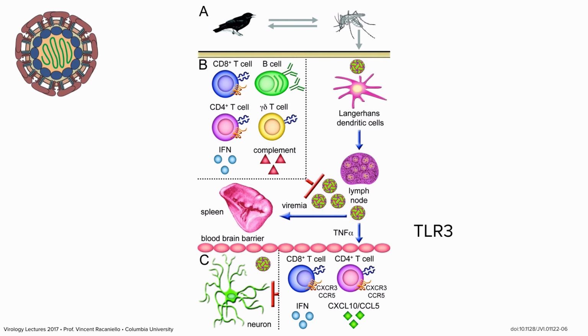So the way the pathogenesis of infection works, here on the top is our bird that has West Nile virus in it. A mosquito picks it up, bites a human, delivers the virus into the skin. And remember, in the skin are a number of different cell types. One of them is a Langerhans dendritic cell, which is patrolling the skin looking for foreign antigens.